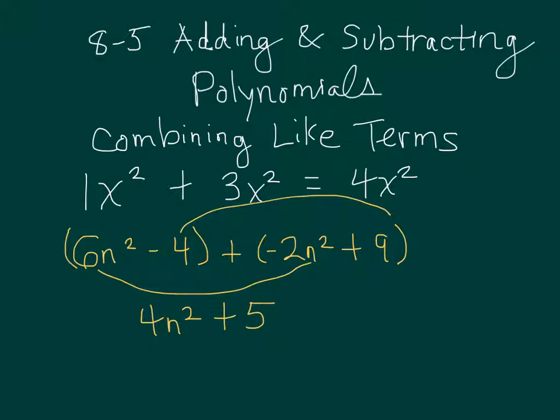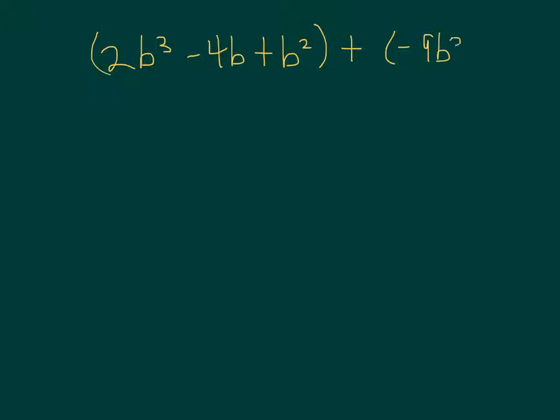So let's do another example. If we have 2b cubed minus 4b plus b squared, and then we're adding that to negative 9b squared plus 3b cubed. Once again, just combine like terms.